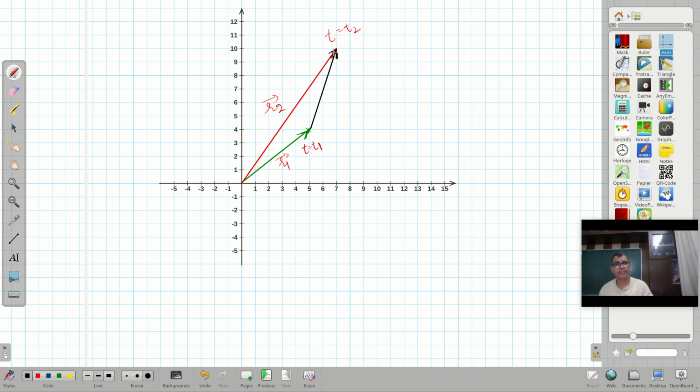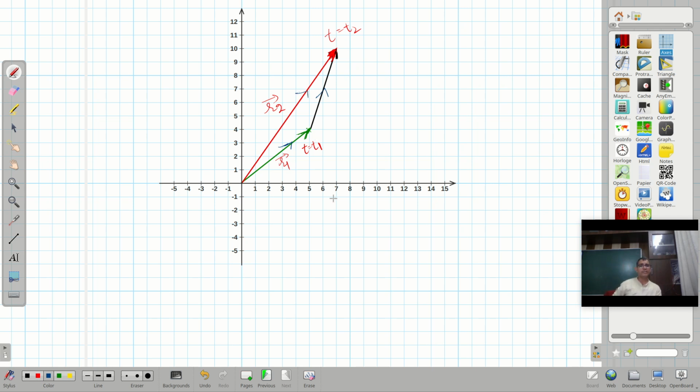This is one vector and this is another vector. Say this vector is along this direction, and this vector is also along this direction, and this vector is along this direction.